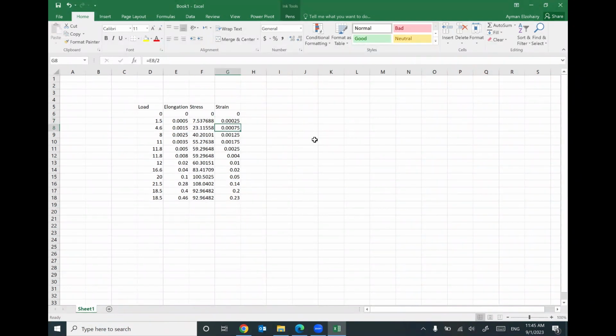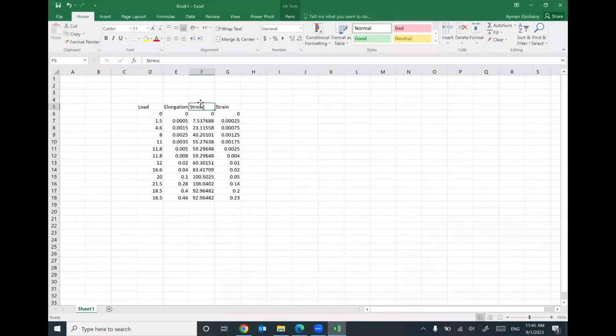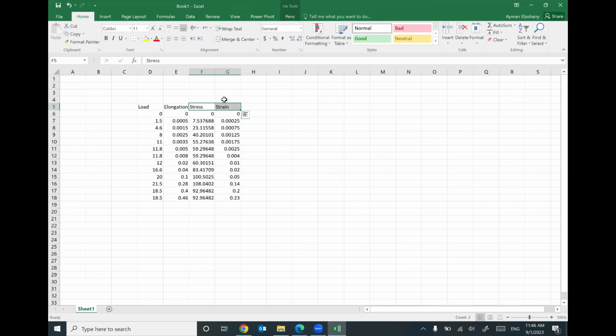So right now, I would like to plot the stress-strain relationship. We have stress, we have strain. If you would like, we can highlight them.